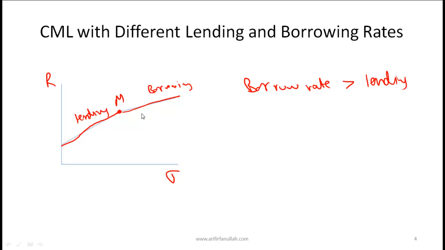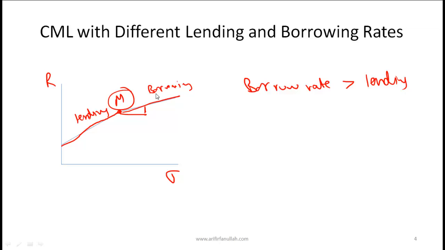The intuition is straightforward. When we are to the right of M, we are borrowing at a relatively higher rate. So for every additional unit of risk that we take, the additional return is lower relative to when we are on this side, left of the market portfolio. So from an exam perspective, we don't need to get into too much detail.